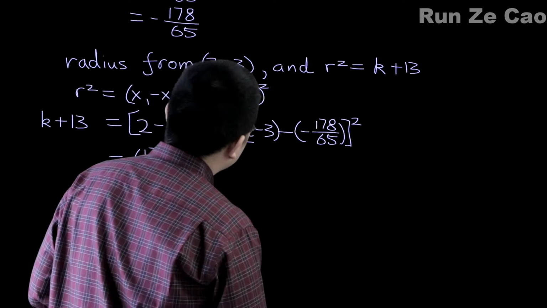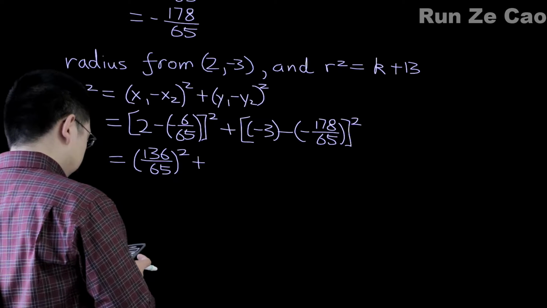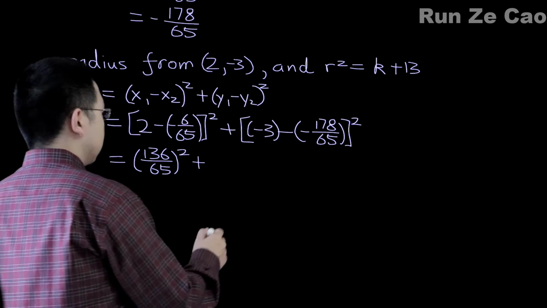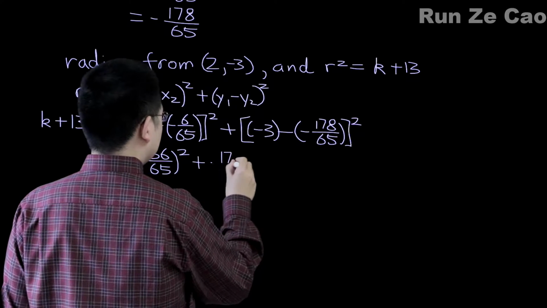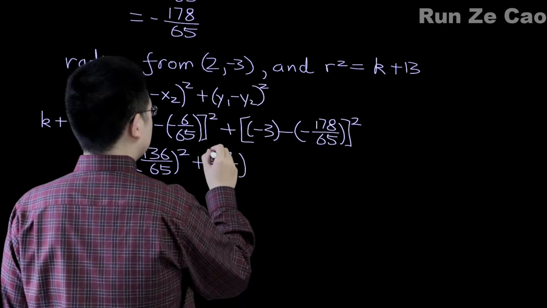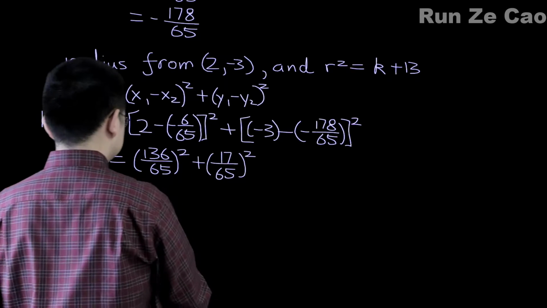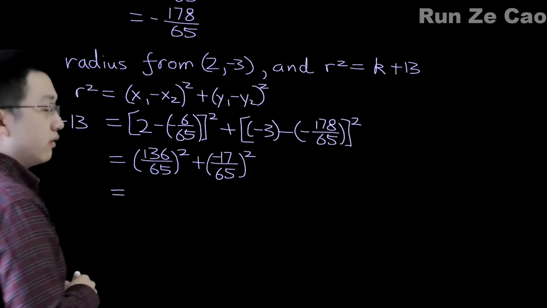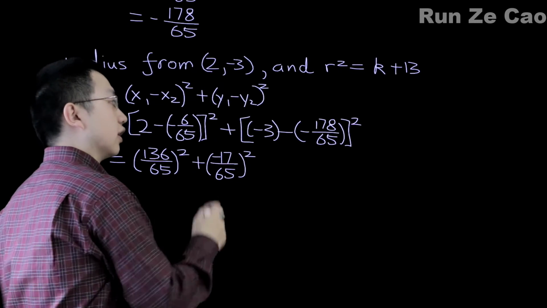Negative 195 plus 178, too lazy. So 17 over 65 squared. Well, negative, yeah, but even though it doesn't really matter in this particular case.